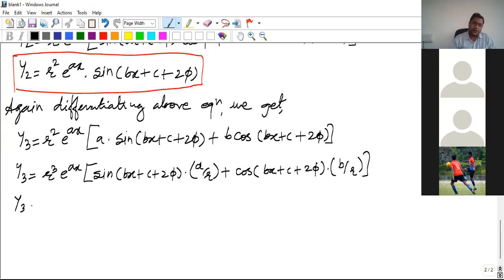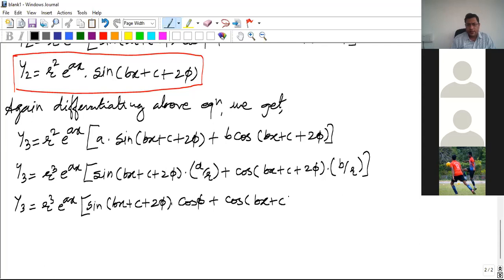Now we can write this as y3 equals r cube e raised to ax, this term is going to be sine of bx plus c plus 2 phi into cos of phi, and plus this is cos of bx plus c plus 2 phi, and this term is sine of phi.